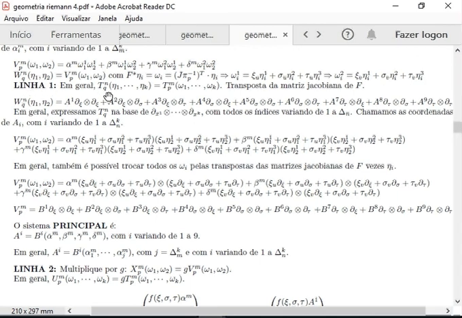Generally, first line is Tn at etas equals Tpm at omegas, and there appears the transpose of the Jacobian matrix of big F.